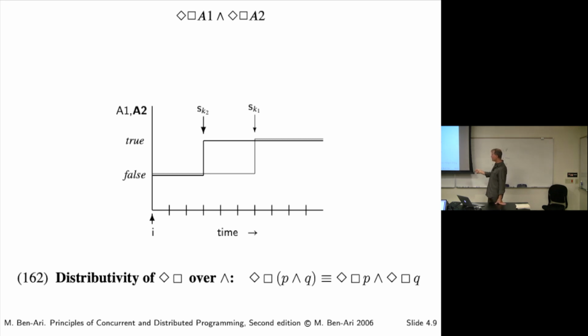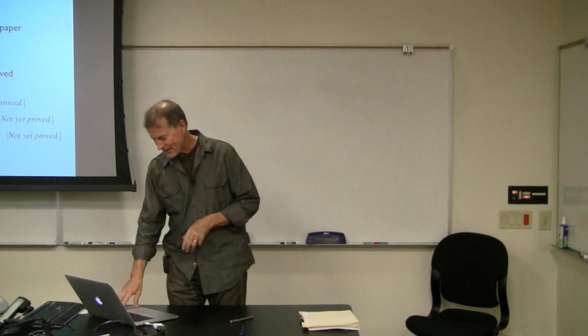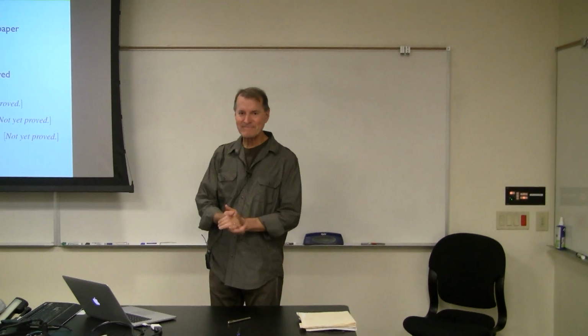So if you have eventually always the and, then that's equivalent to having eventually always the first conjunct and eventually always the second conjunct, because there's going to be a time, namely the later time, when the and is going to be true. And these are actually pretty nice pictures of how to think about those. All right, good deal. See you next time.